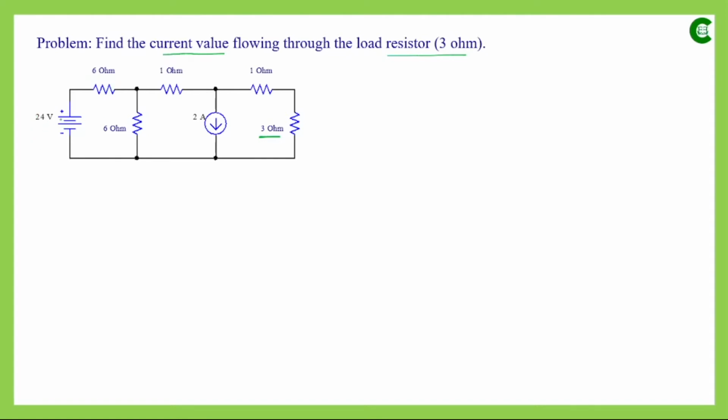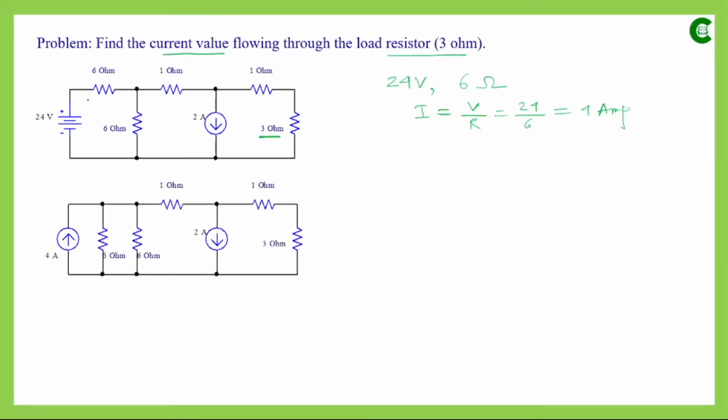The voltage value is 24 volt and the resistance value is 6 ohm, so the current value, by applying Ohm's law, will be V upon R. That means in the transformed circuit, we will have a current source having value 4 ampere, and the resistor having 6 ohm resistance value will be connected in parallel. So the transformed circuit will look like this.